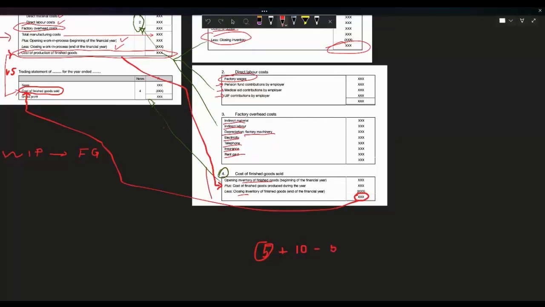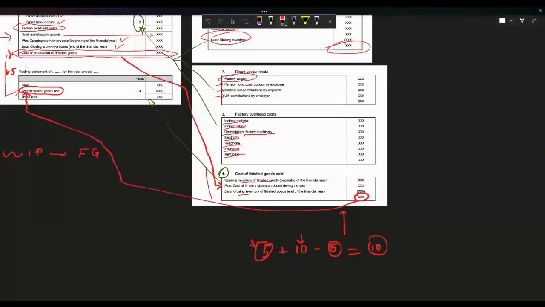If 5 will be left at the end of this year, it means that we've only managed to sell 10 shirts. So what came from the previous year plus what belongs to this year minus what will be left unsold will give us the answer. So this is basically the logic of this.